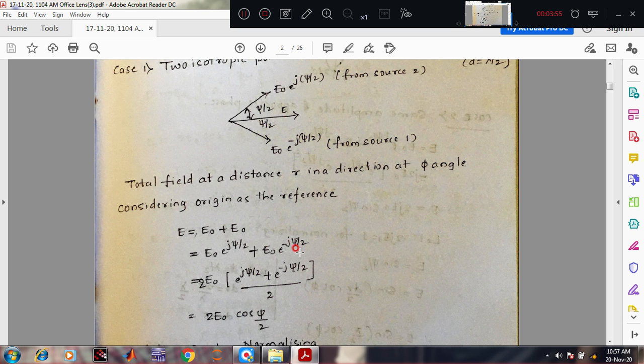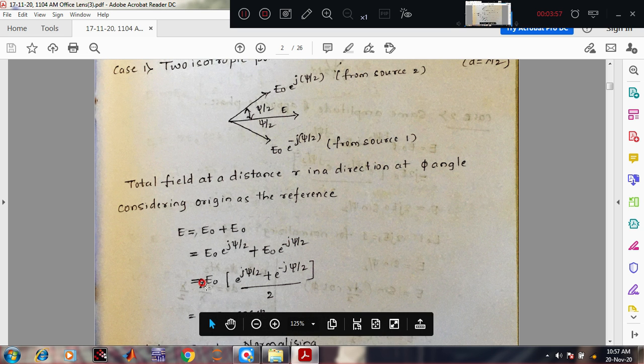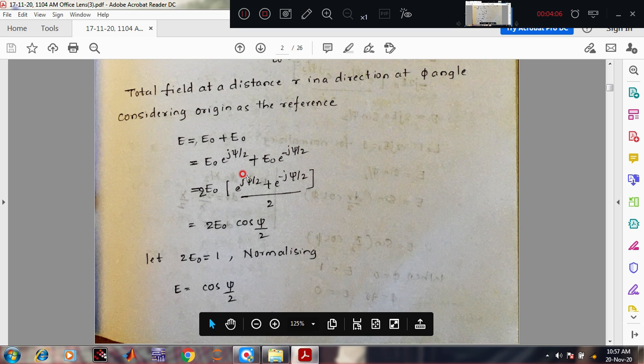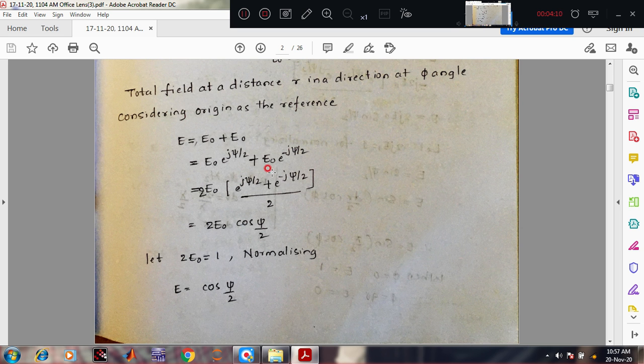Multiply by 2 and divide by 2, numerator as well as denominator: 2 E0 times e raised to j psi by 2 plus e raised to minus j psi by 2, over 2. This results in a cos function of psi by 2, and the 2 E0 stays as it is.